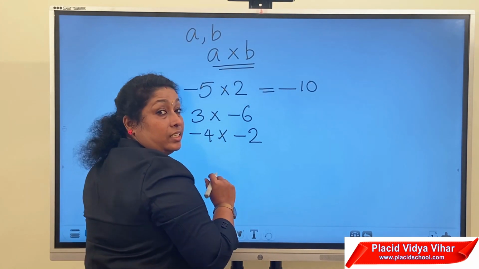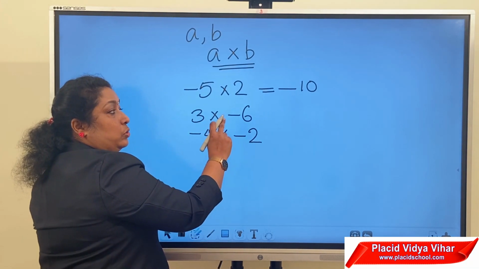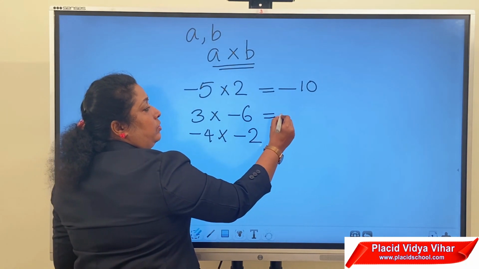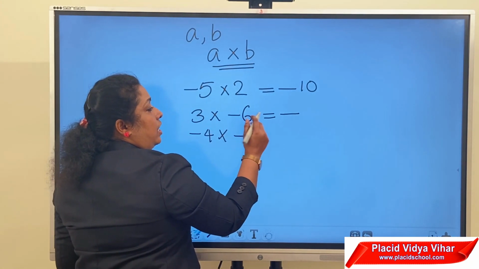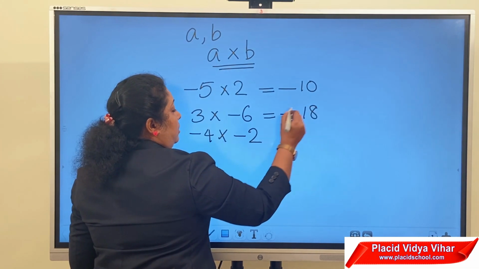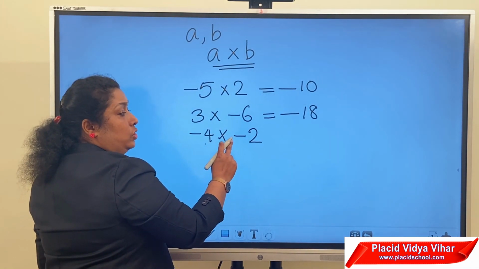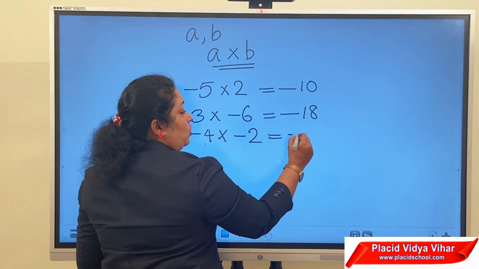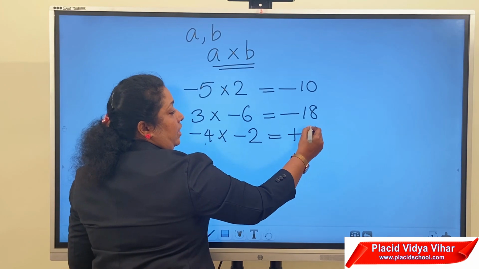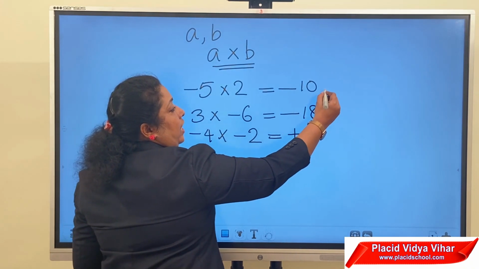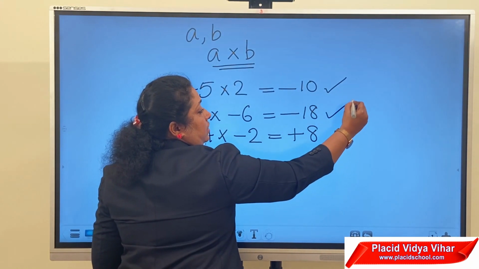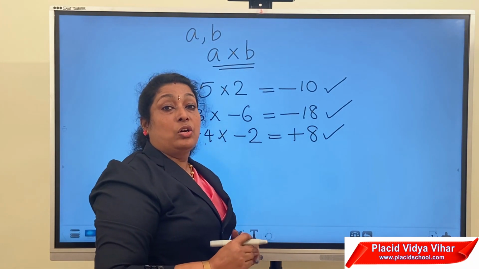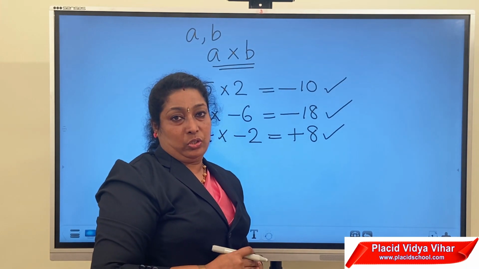So the answer is negative 10. 3 into negative 6. Positive into negative, again negative. 3 sixes are 18. Here negative 4 into negative 2. Negative into negative, the answer is positive. 4 twos are 8. Here all the answers are also integers. So integers are closed under multiplication also.